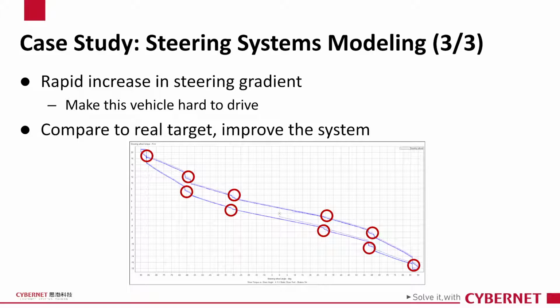They knew that the steering system was very hard to control for their controller, but they never found that the problem was from the bad steering system. We help users compare to the real target, find this problem, improve it, and solve it. This helps them reduce time in the end.